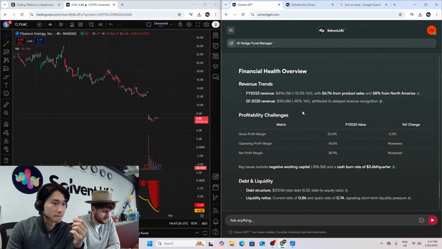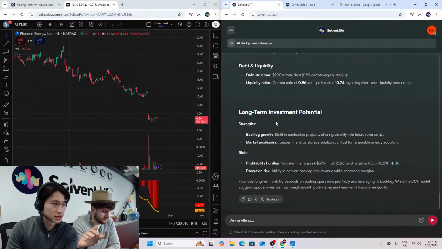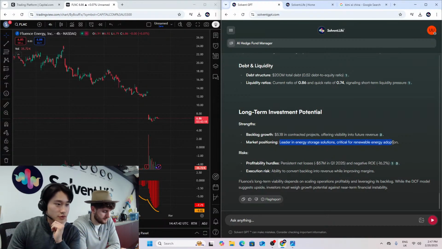So, over the span of a year, let's see the long-term investment potential. Strengths: backlog growth, 5.1 billion in contracted projections. Market positioning: leader in energy storage solutions, and critical for renewable energy adoption. I mean, there we go. Weaknesses: persistent net losses, minus 57 million in Q1 2025, and negative ROE.